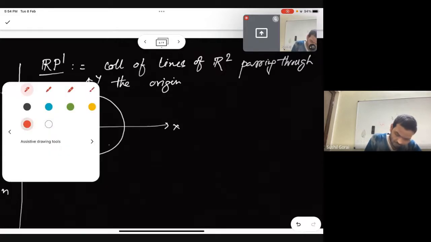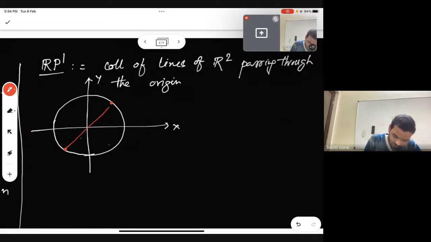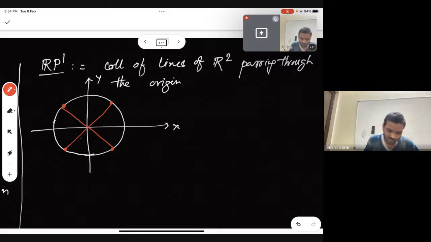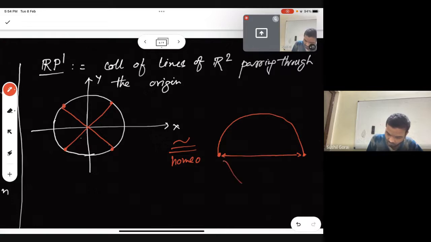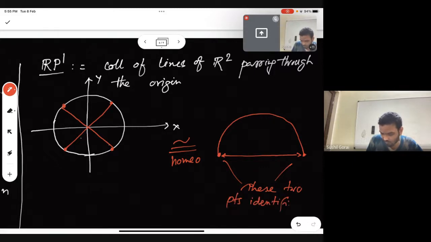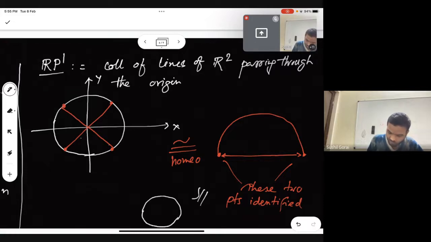It is homeomorphic to a half circle where the two endpoints are identified, so what you get is the unit circle again.